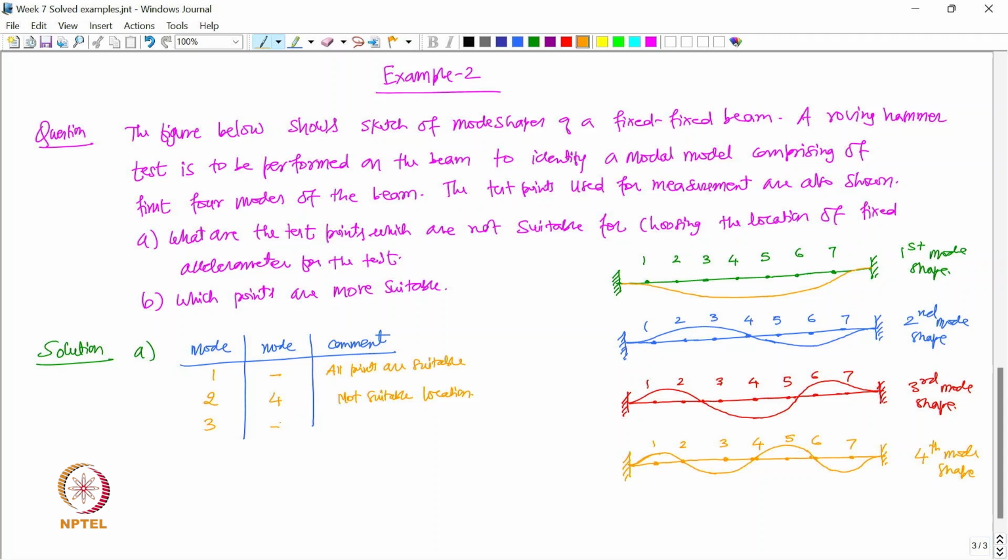Here we are only listing those nodes which coincide with any of the test points. So, for mode 3 there is no node coinciding with any of the test points, so we will say all points are suitable.